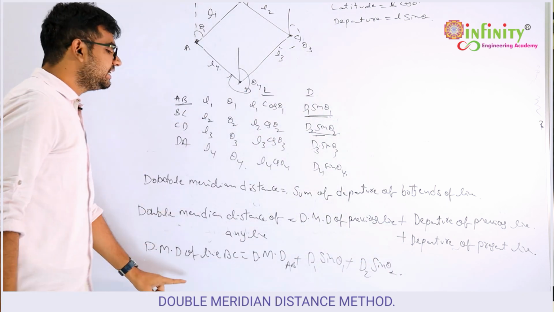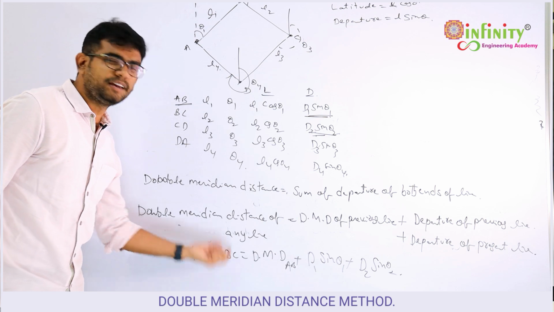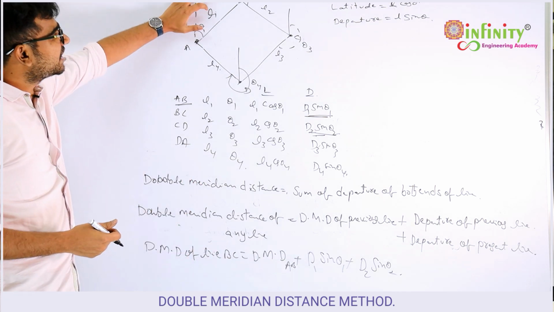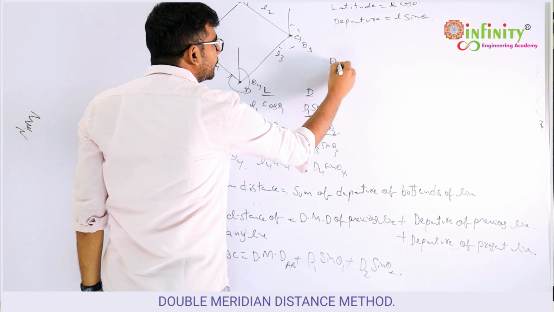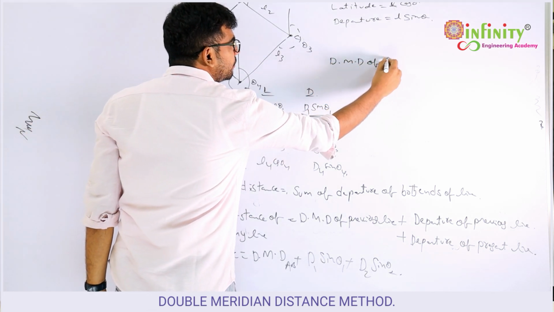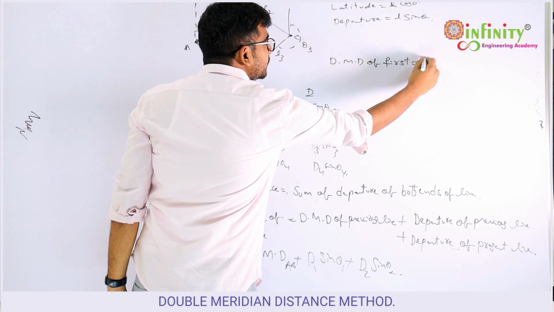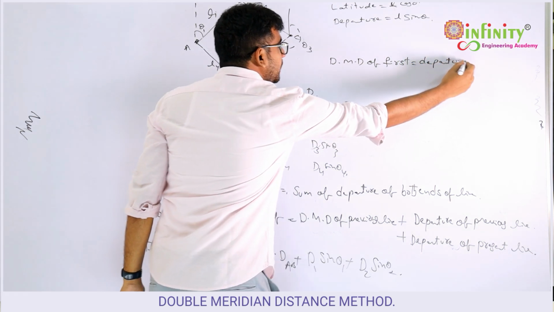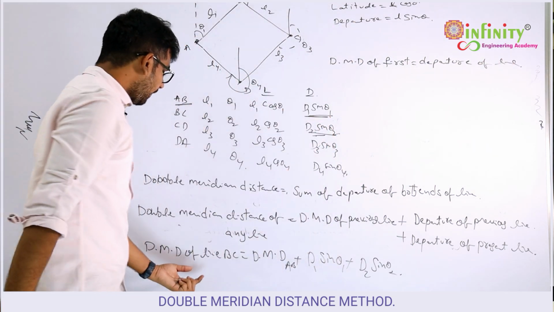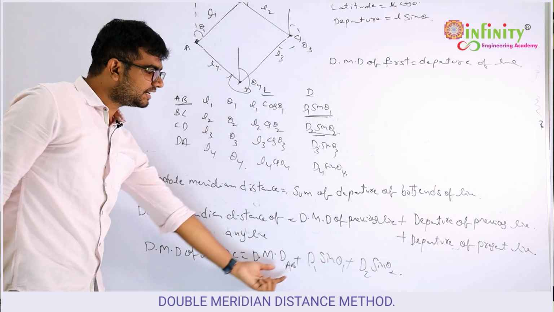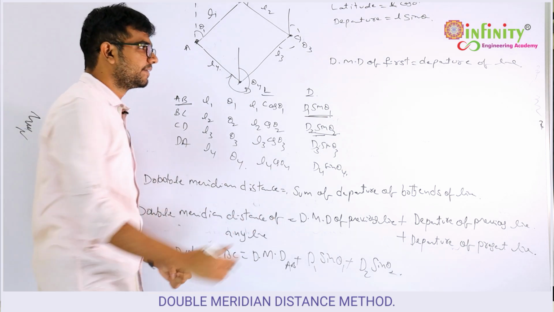Like that you can calculate the DMD of the line BC. And for the first line of the traverse, DMD of the first line equals the departure of the first line. Only for the first line is it done in this manner. For all the other lines, you have to calculate the DMD using the formula.